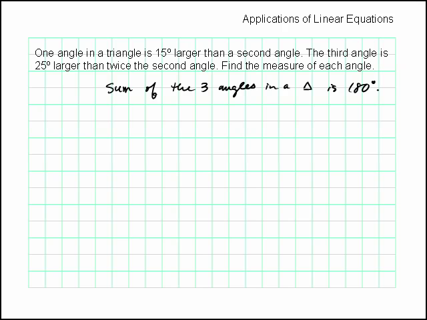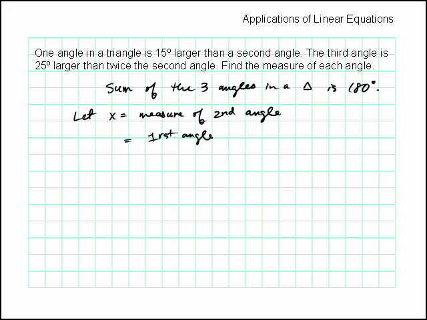On this one, we have one angle in a triangle is 15 degrees larger than a second angle. So what I'm going to do, I'm going to let x equal the measure of the second angle. So the first angle then is 15 degrees larger than the second.